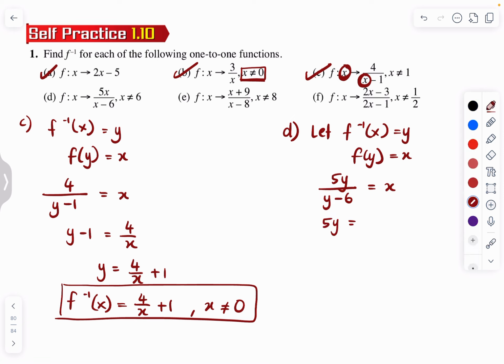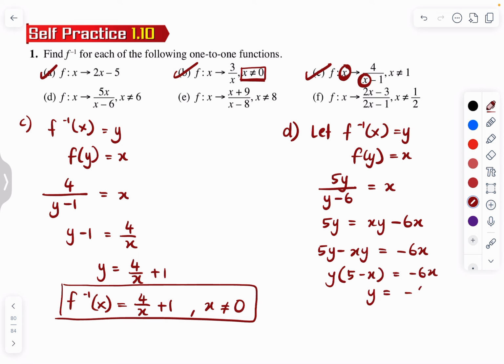So 5y equals xy minus 6x. And then, whichever terms have y, we bring together. So 5y minus xy equals negative 6x. Then we factor out the y. So y times (5 minus x) is negative 6x.